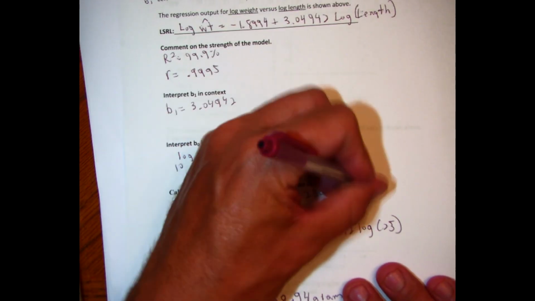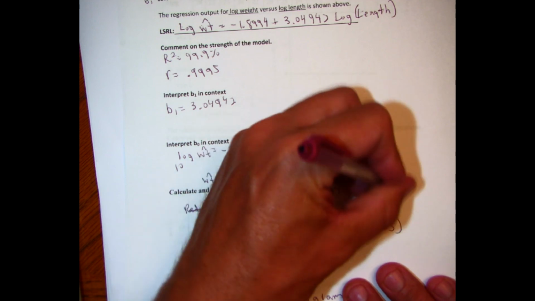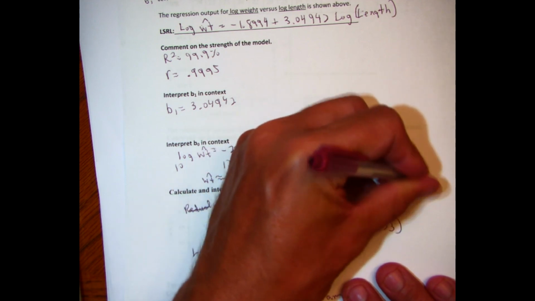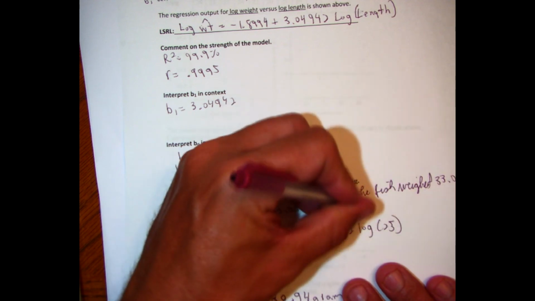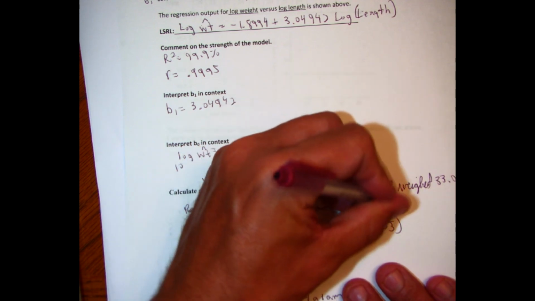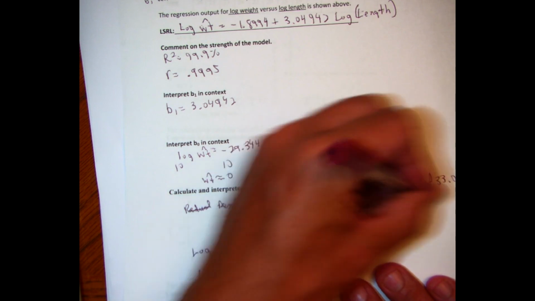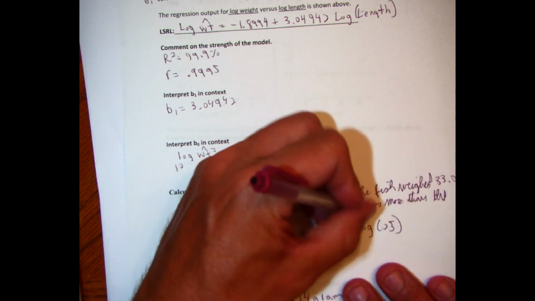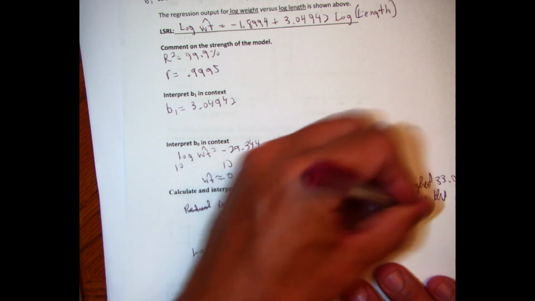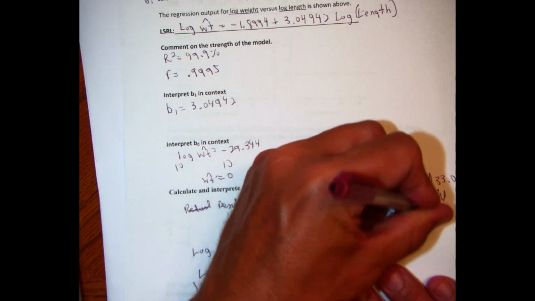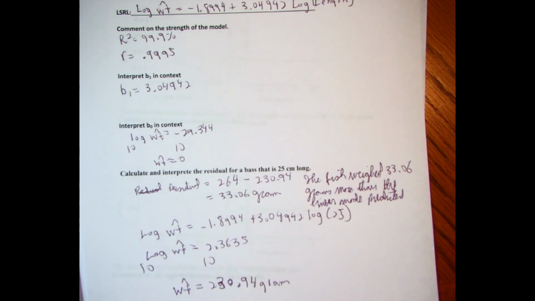So what does that mean? That means that the fish weighed 33.06 grams more than the linear model predicted. Okay, so that's how we would interpret that in context.